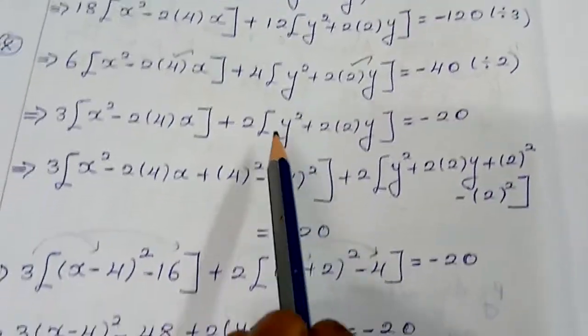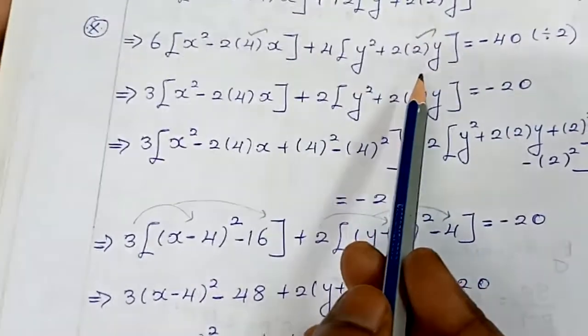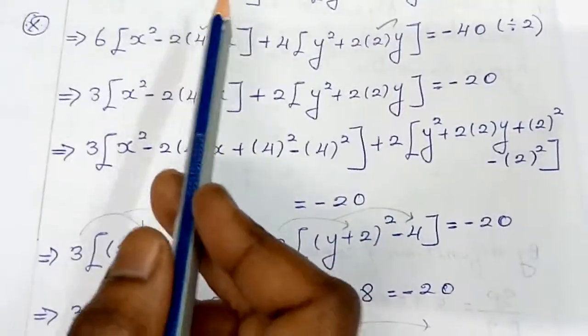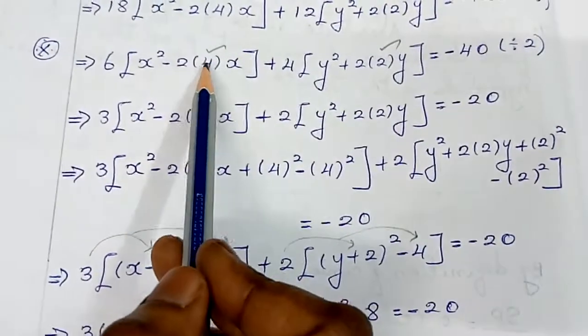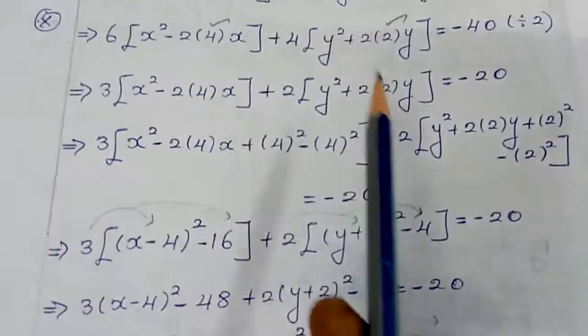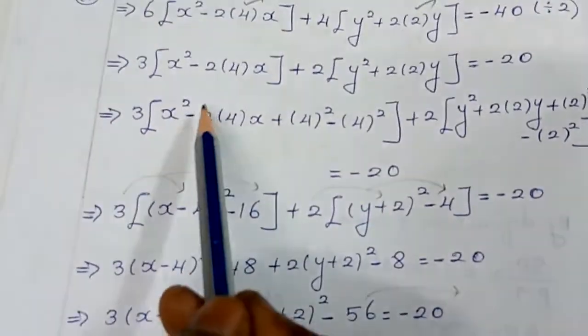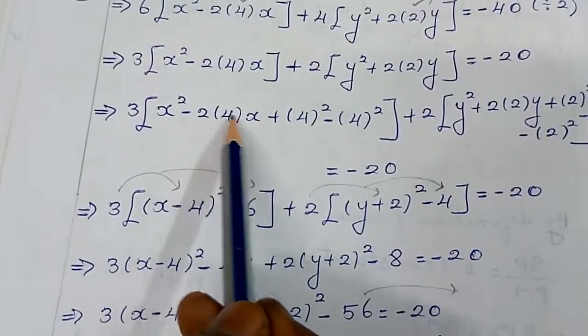So what is the adjustment I am going to do here? I am going to apply the algebraic identity. Just see here the value which is inside the bracket, the value what I have ticked here. I am going to add and subtract those values in this case, that is x square minus 2 into 4 into x.